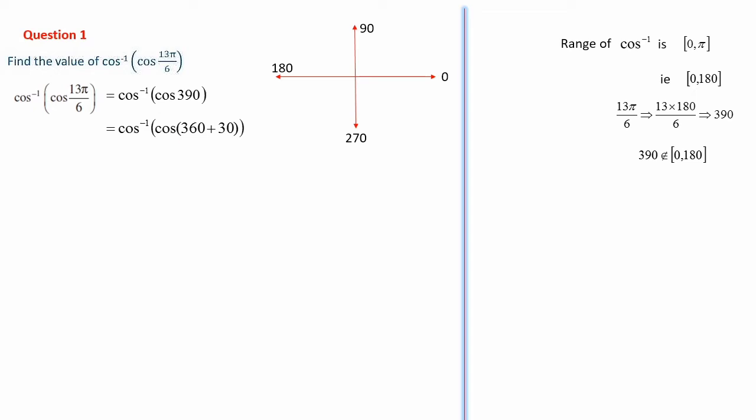So here cos of 360 plus 30 means it will come in the first quadrant. 0 and 360 come here, and 360 plus 30 is 390. That means it comes in the first quadrant, where, as you know, all trigonometric functions are positive. So cos of 360 plus 30 is cos 30, the sign is positive. So cos inverse of cos 30.